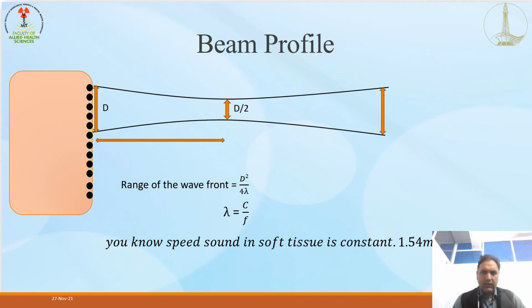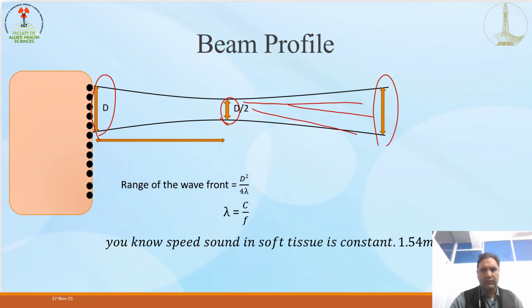So according to the Huygens principle, we got this beam profile, which is large in diameter at the face of the source and small in diameter at the point where the sound waves converged, and again the sound waves diverge, and once again the diameter is greater than the diameter at the focal point.